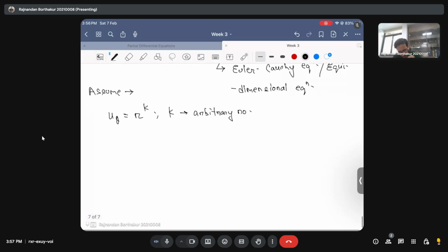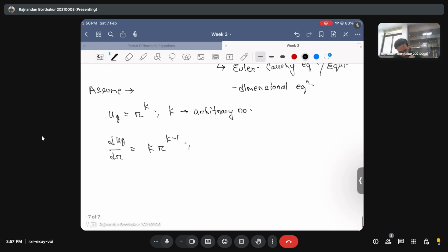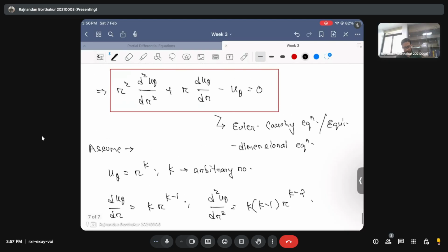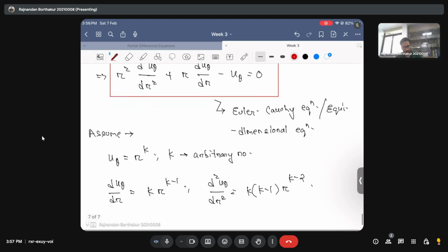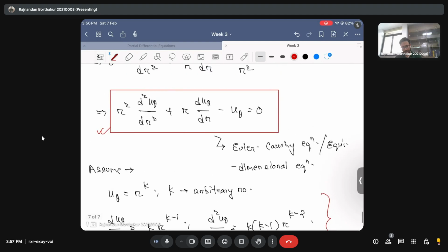Then du_θ/dr comes out to be equal to k times r^(k-1), and d²u_θ/dr² comes out to be equal to k times (k-1) times r^(k-2). So what we need to do is substitute these derivatives into this Euler-Cauchy equation.